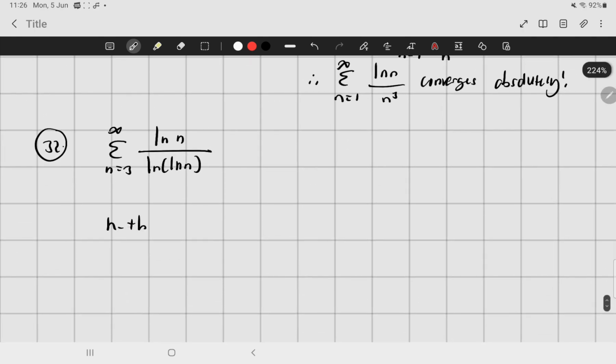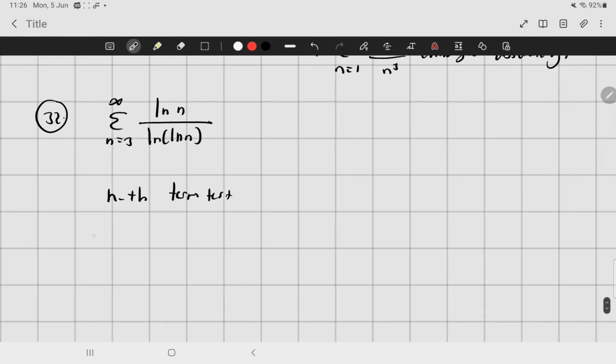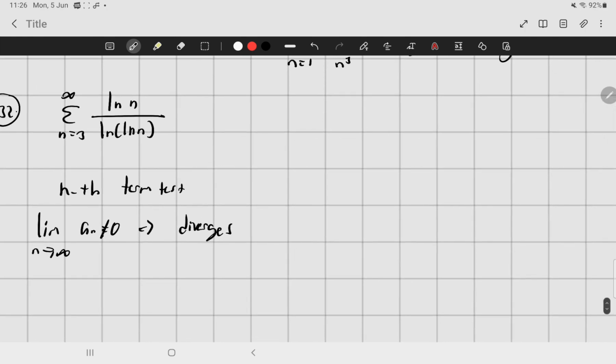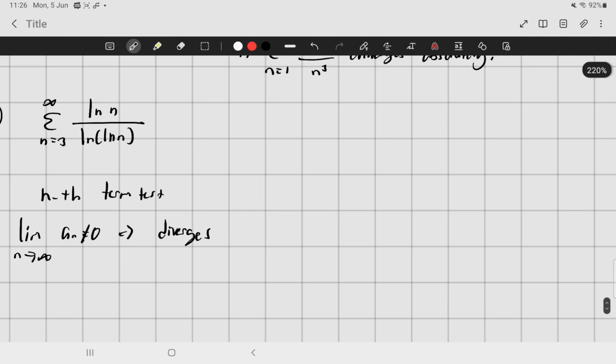Let's apply the nth term test. Here we know that if the limit of the nth term is not equal to 0, it implies that the series diverges. The series, not the sequence, the series. So let's apply it to this. The limit as n approaches infinity of ln n over ln n.